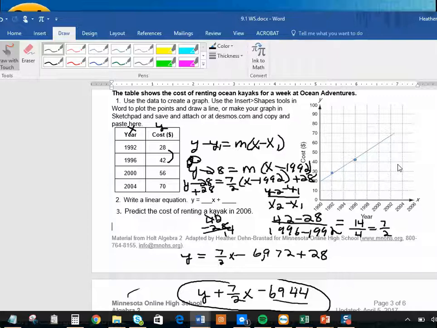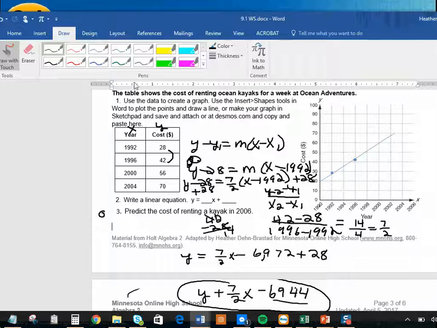Now it seems like this number is larger than it should be, so I just want to go back and see if I did something strange. No, I didn't, and here's why. 1990 is right here. It's not going to go through the y-axis until this is 0, which is why this number is so crazy.